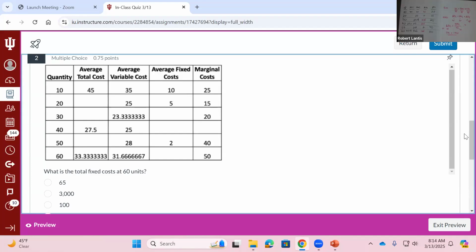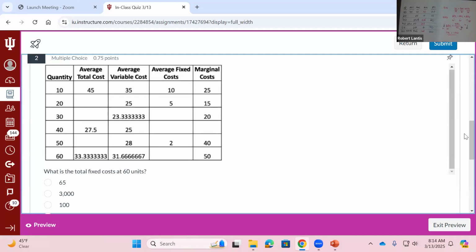Now, what's going to happen to my average fixed costs as I produce more and more? If I've got the same total, but I'm producing more units, my average is going to be going down. If my denominator is larger, what's happening to this fraction? It's going down. So my average fixed cost should always be decreasing.